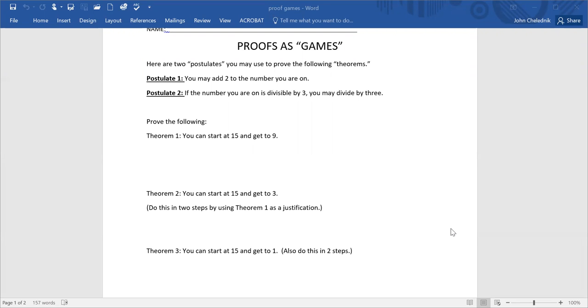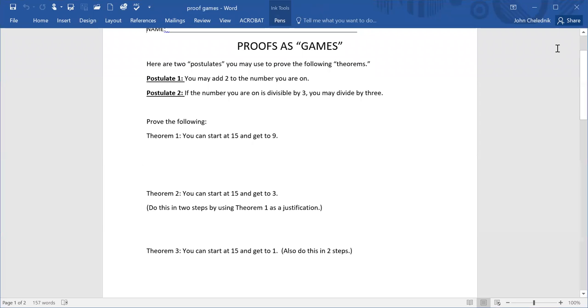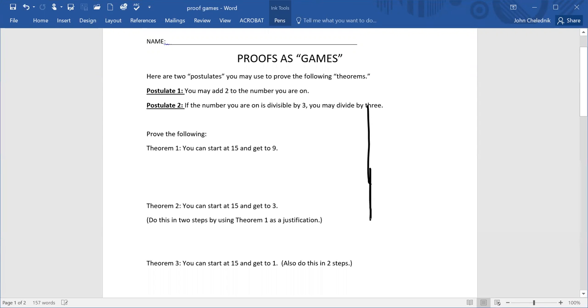Okay, got it. So it wants us to prove theorem 1, which is you can start at 15 and get to 9. Whenever we make a proof, you start with a 2-column chart with conclusions on the left and justifications on the right.